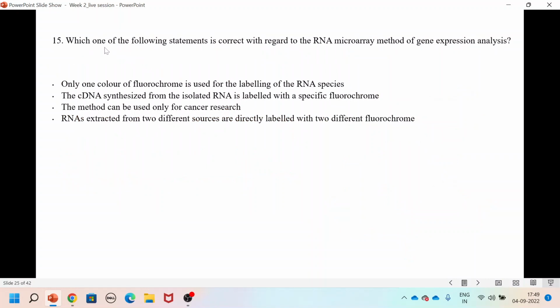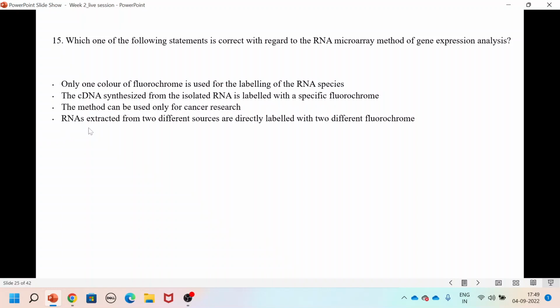The next question is, which one of the following statements is correct with regard to the RNA microarray method of gene expression analysis? Option A, only one color of fluorochrome is used for labeling the RNA species. Option B, the cDNA synthesized from the isolated RNA is labeled with a specific fluorochrome. Option C, the method can be used only for cancer research.